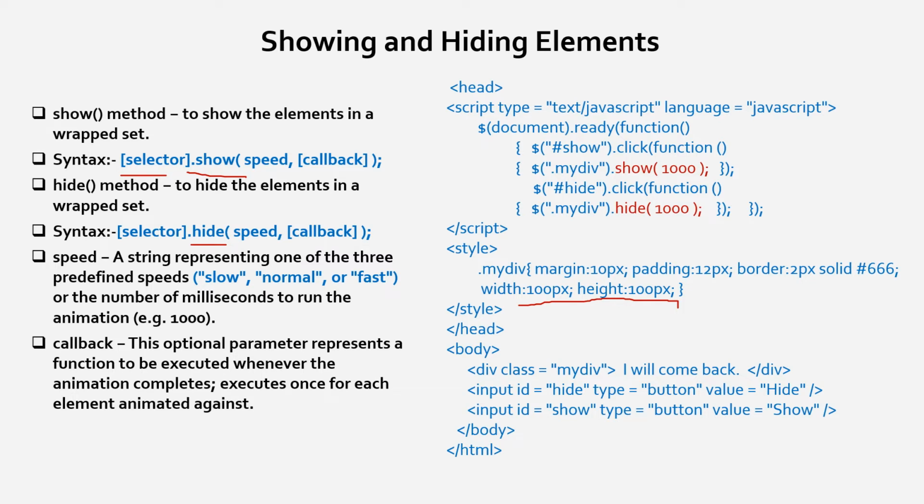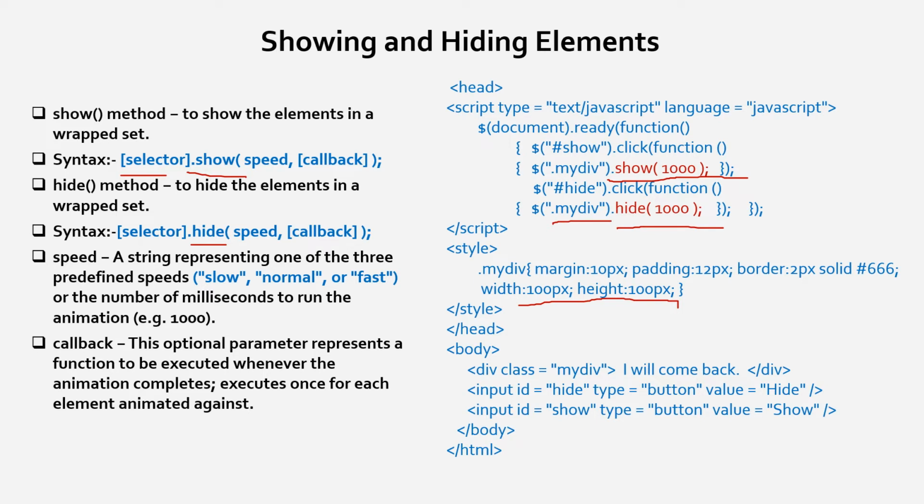So the program is like that. In show, the speed I already mentioned is given in milliseconds. We can also specify slow, normal, fast and so on. Here also it is specified in milliseconds. In the dollar, the class name is specified.